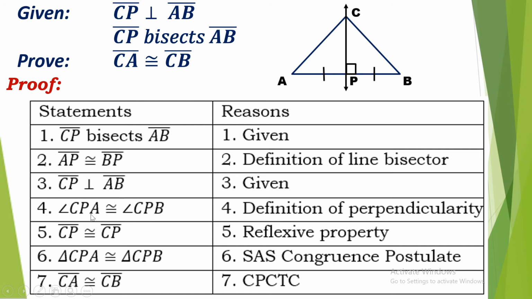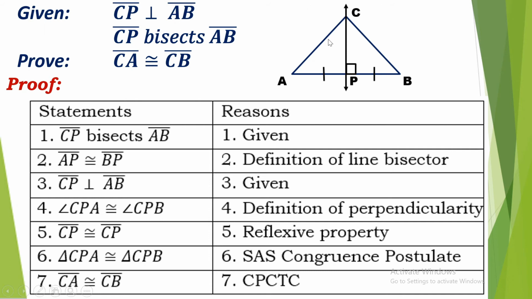Then for our fourth statement, since CP is perpendicular to AB, then that means angle CPB and angle CPA are both right angles. So we have angle CPA is congruent to angle CPB by the definition of perpendicularity.